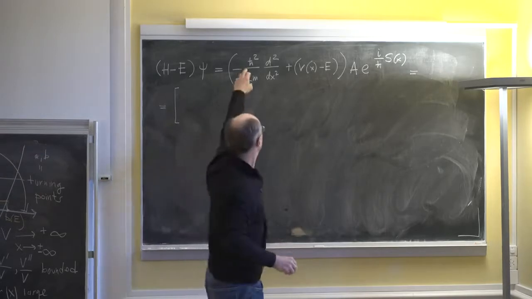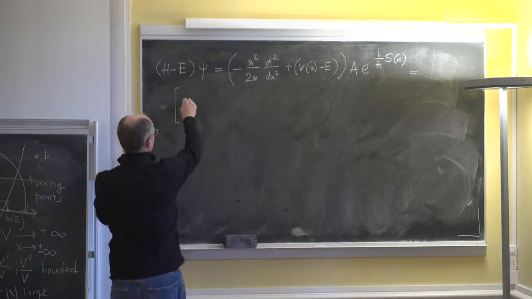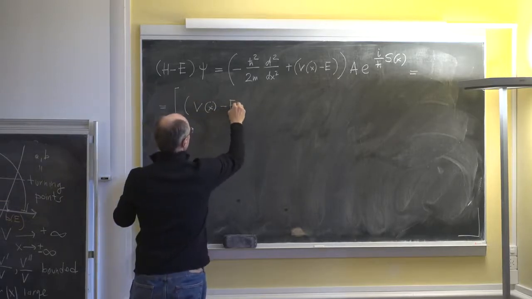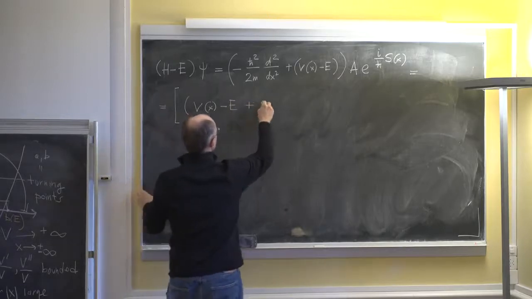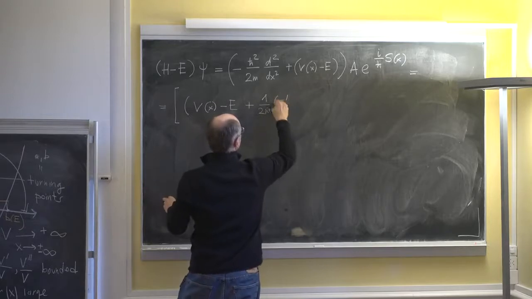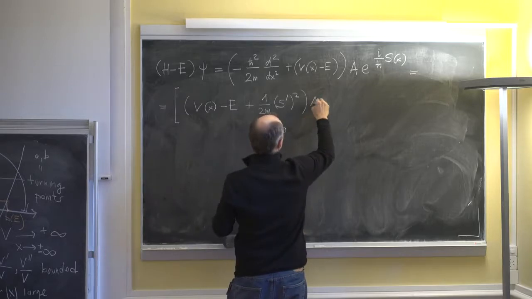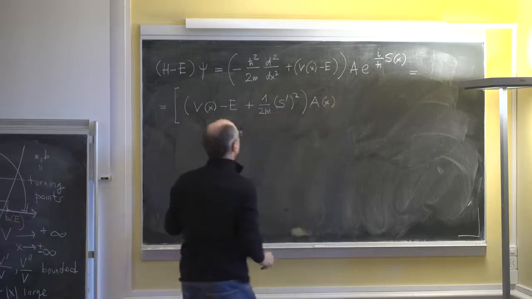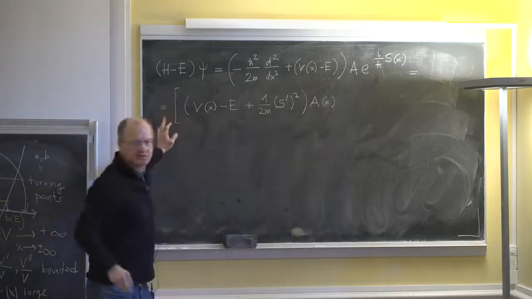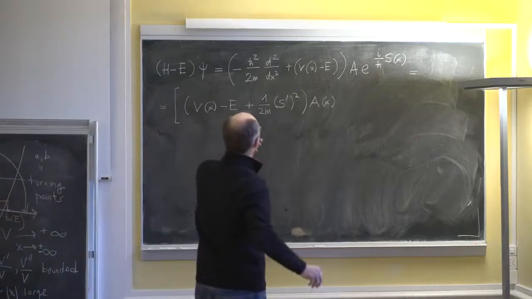If I try to collect the terms with the same power of h bar, I think I will have V of x minus E plus 1 over 2m S prime squared times A of x. I plan to put the exponential at the end of the whole bracket. The exponential clearly will be in all the terms, right?